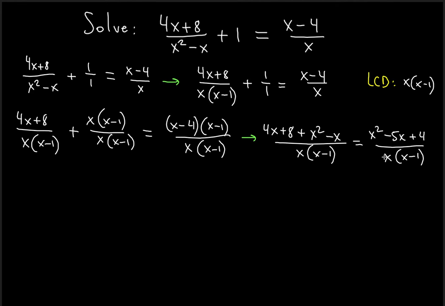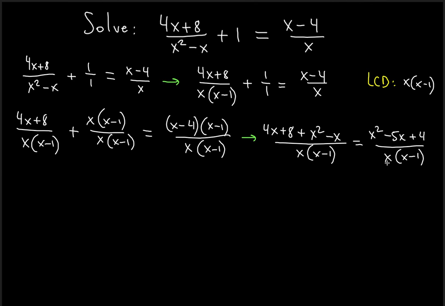The same denominator means that if you multiply both sides of this equation by x times x minus 1, you will have gotten rid of it. And we don't need it, essentially.